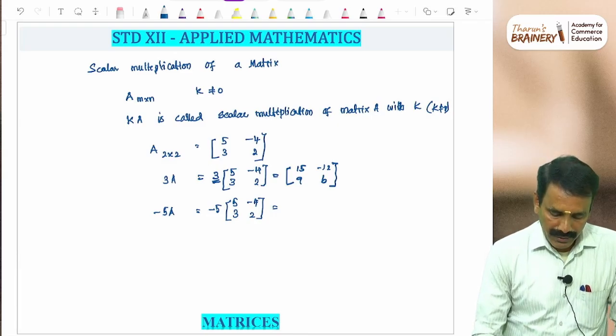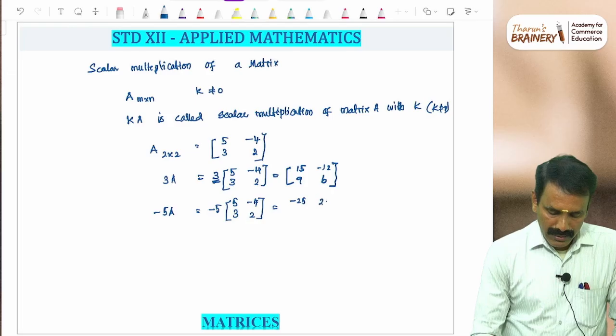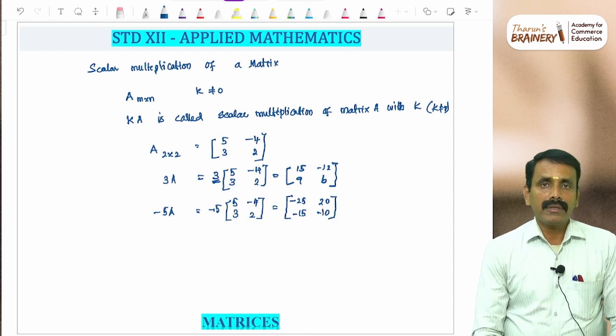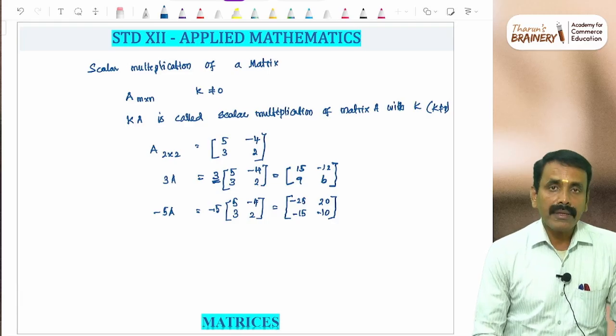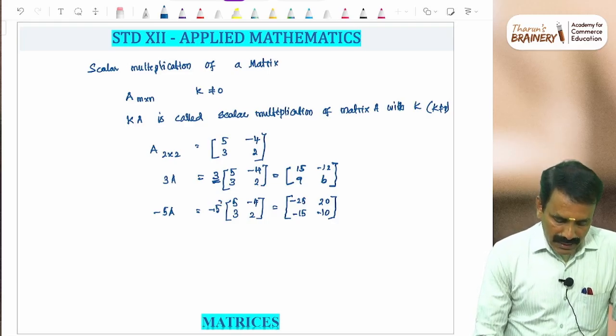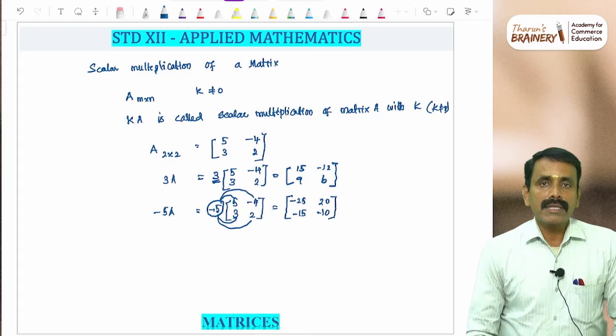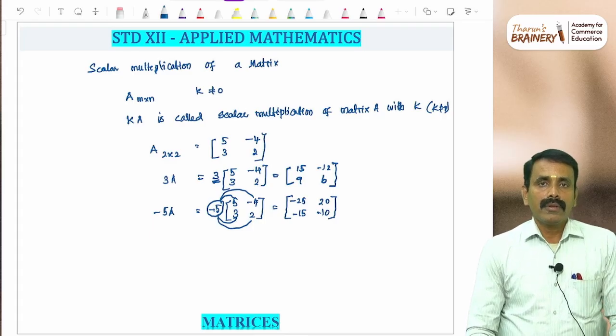So minus 5 into 5 is minus 25, minus 5 into minus 4 is plus 20, minus 5 into 3 is minus 15, minus 5 into 2 is minus 10. So, for scalar multiplication, we must multiply the scalar to all the elements of the matrix. So, this is how scalar multiplication is performed.